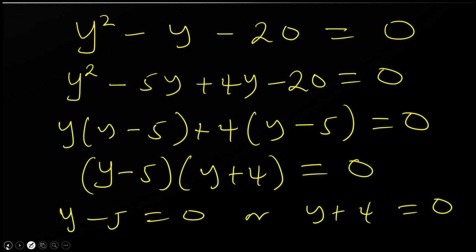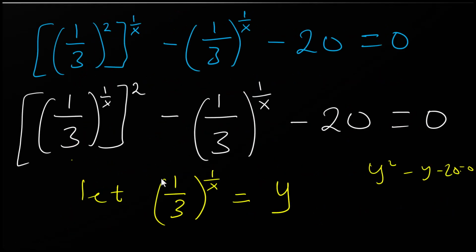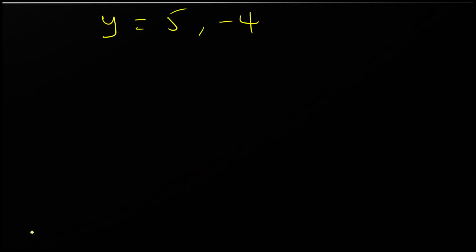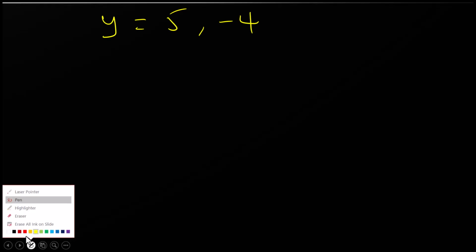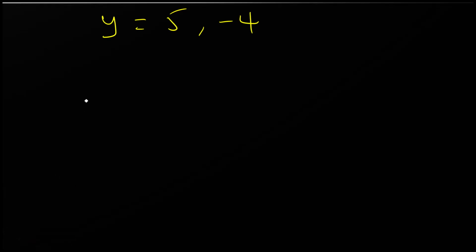But let's record this one, okay? So we have 1 on 3 raised to 1 on x. Let's record 1 on 3 raised to 1 on x equals to y.